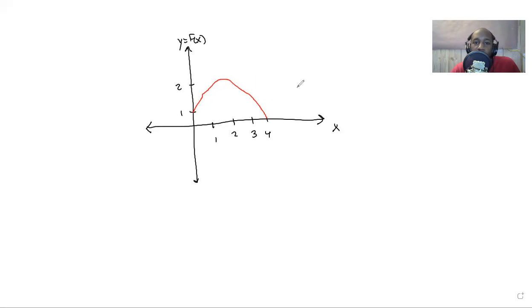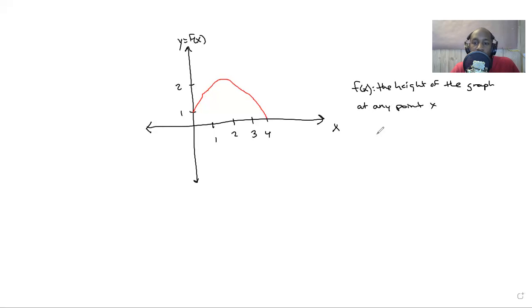Note this: f of x is the height of the graph at any point x.